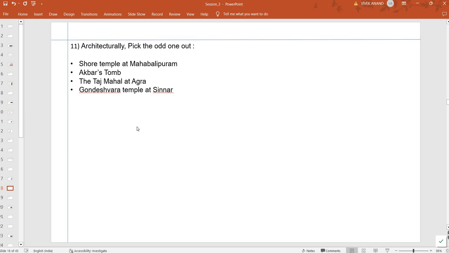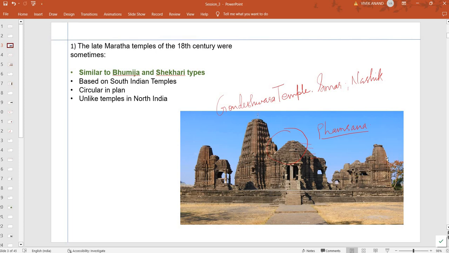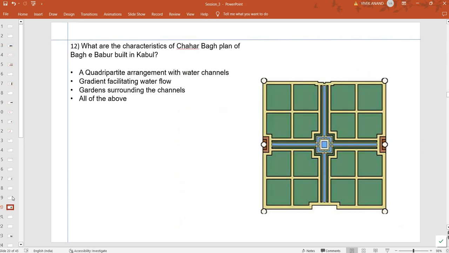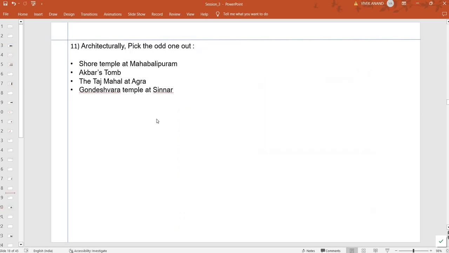That Gondeshwara temple is again influenced by Mughal architecture, so it's only the Shore temple. No, no, no, no. Gondeshwara Temple was not influenced by Mughal architecture. You have seen this in the first slide. Is there anything Mughal here? No. Then it is not influenced by Mughal architecture.